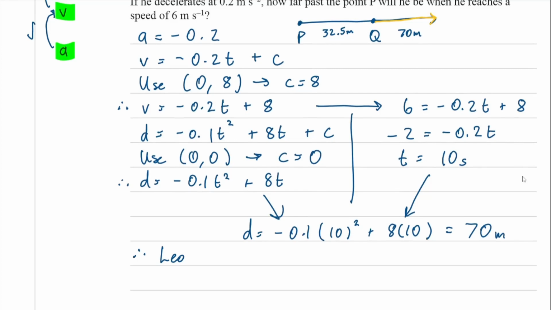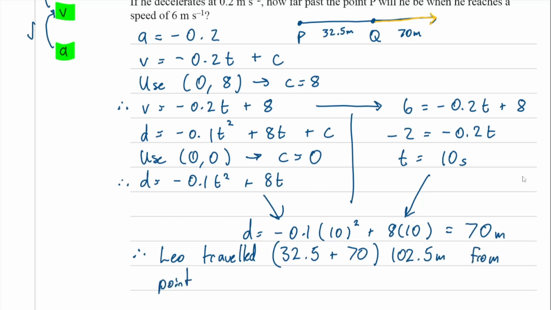Right, so our final answer, therefore Leo travelled, so that 32.5 plus 70, 102.5 meters from point P when he was travelling at 6 meters per second.